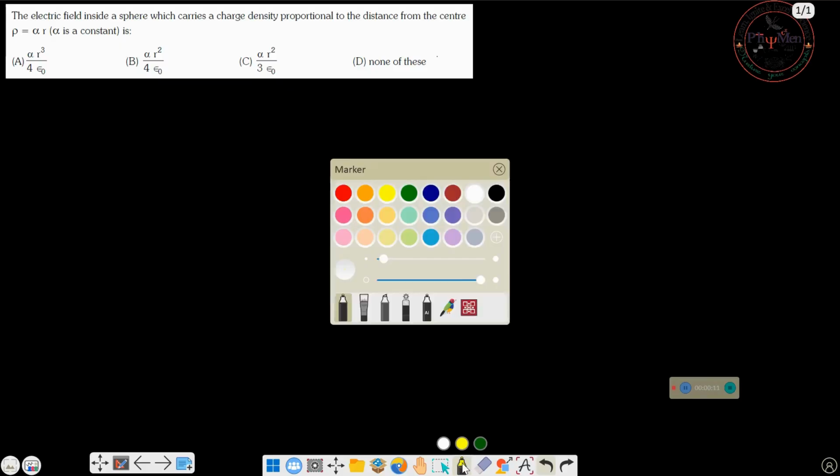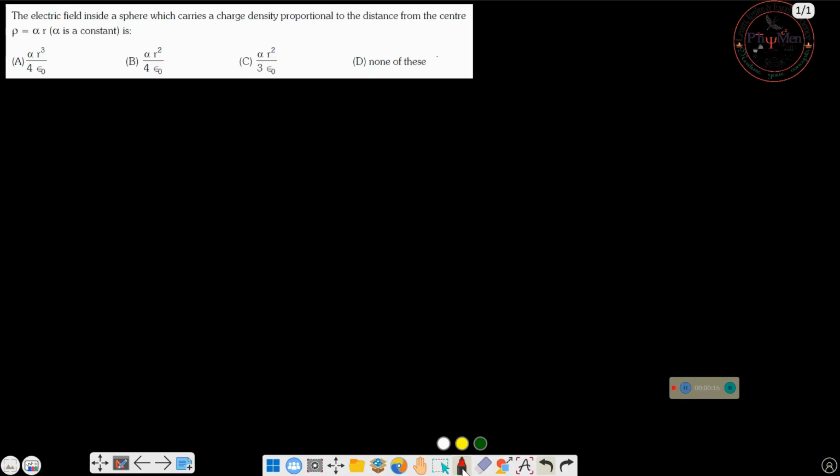Today I am going to discuss another problem on electrostatics based on Gauss theorem. The question is: find the electric field inside a sphere which carries a charge density proportional to the distance from the center.